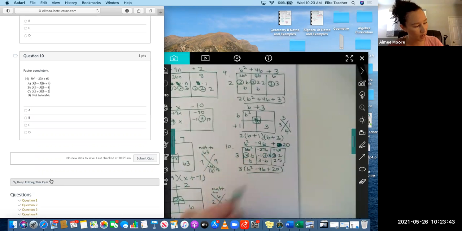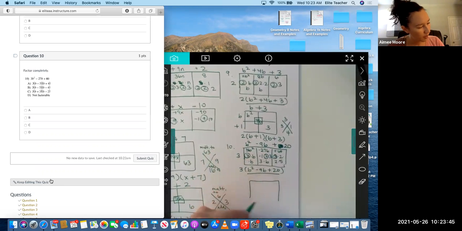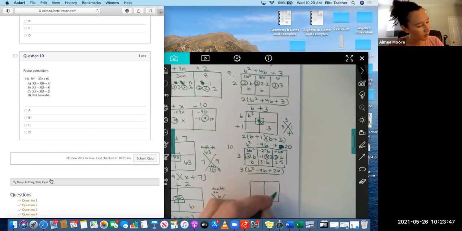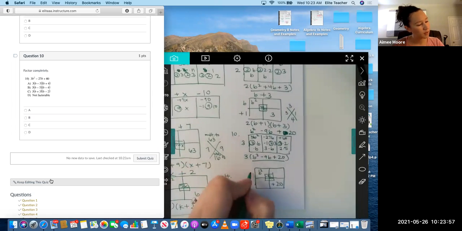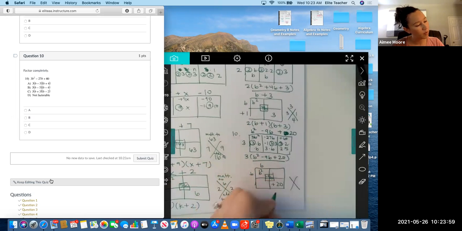Now we need to factor our trinomial with our 4 boxes. B squared minus 9b plus 20. So what multiplies to b squared is b and b. Now what multiplies to 20 and adds to negative 9?